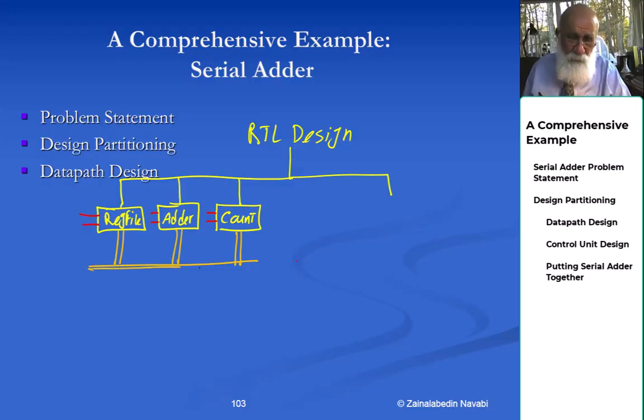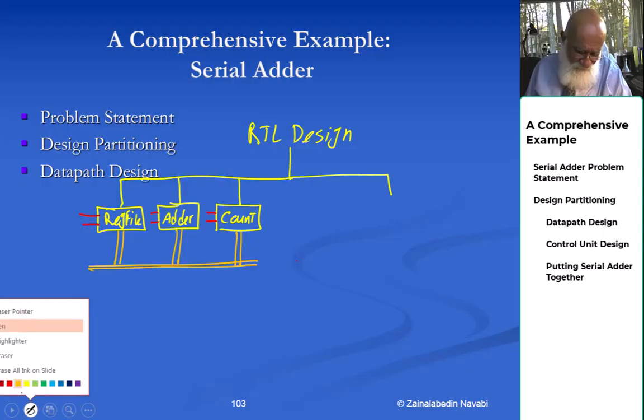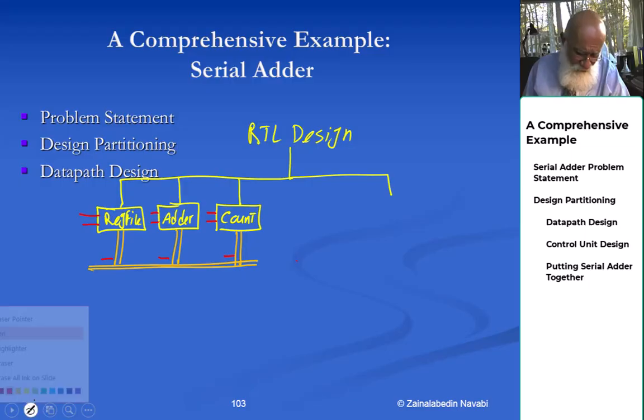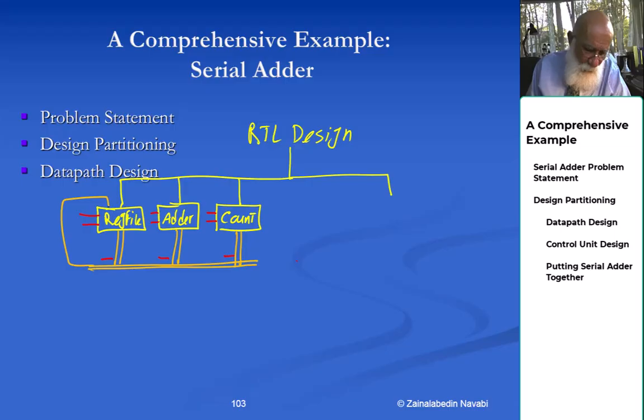As you are designing your data path, you are also coming up with certain signals. For example, remember I had the signal for selecting a source of a bus. So you also have a signal for selecting sources of these buses. Maybe these buses are unidirectional, maybe they're bidirectional, but in any case, the buses may be going back to some other components.